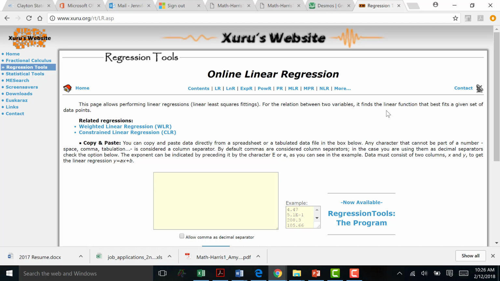Yes, this is xuru.org. Then click on regression, and then linear regression to get this to pop up on the screen. Or you can just click LR over here at the top. It should say LR at the top left of the screen.